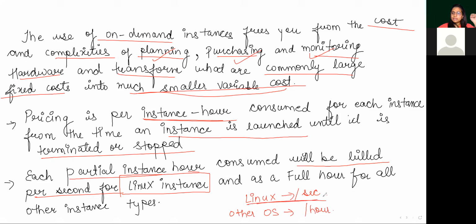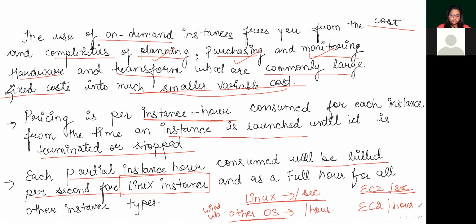If you use Linux on EC2, every time you start using the instance, they will charge per second for how many seconds you have spent. But when we use other OSs like Windows, Ubuntu and others, they will see how many hours you have spent on EC2, and bill accordingly.